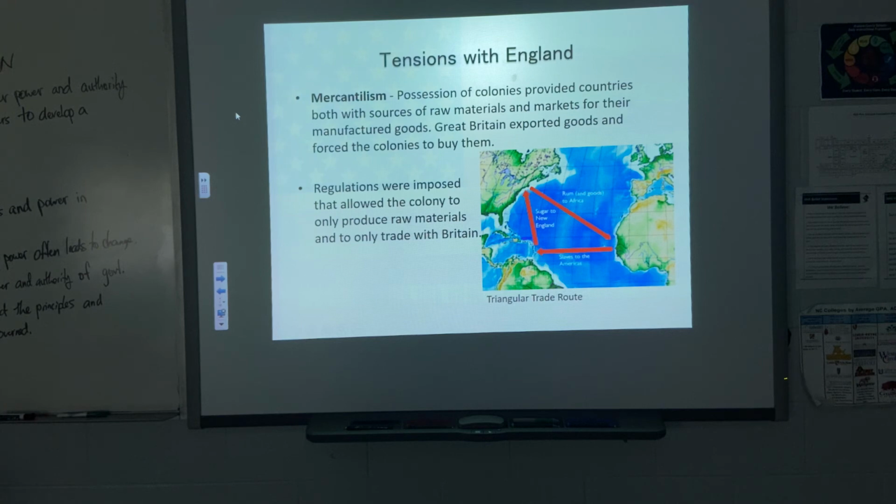We've covered a lot of time in history, from 1607 to now, let's say the 1750s and 1760s, which is where we are on this slide. England is becoming more and more oppressive, and the colonies are taking it less and less and becoming more and more agitated.